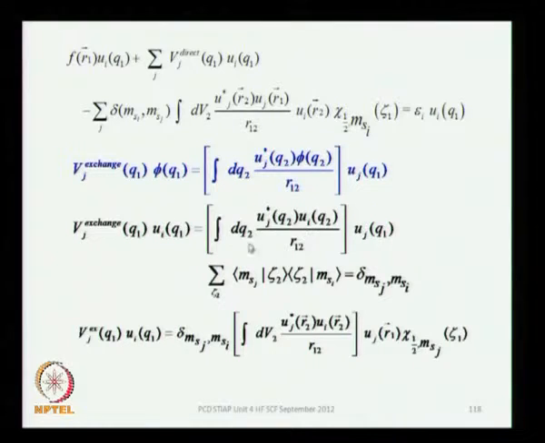Then you have only the space integration left, because the summation over the spin part has been carried out. That is the one which gave us this Kronecker delta. The integration over the space part is just this integral with q2 replaced by r2, and the volume element dq2 replaced by the 3 dimensional space volume element dv2.